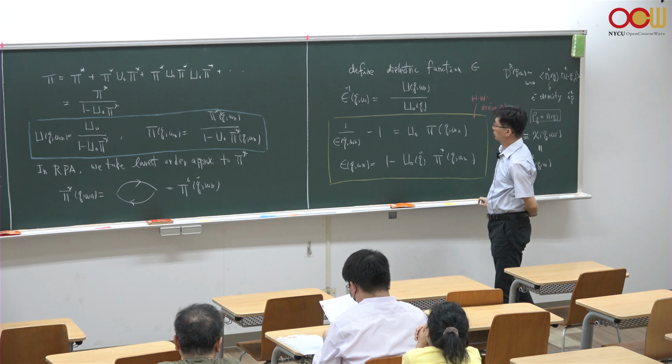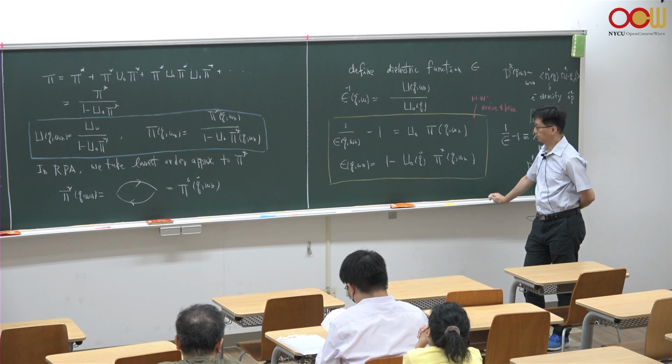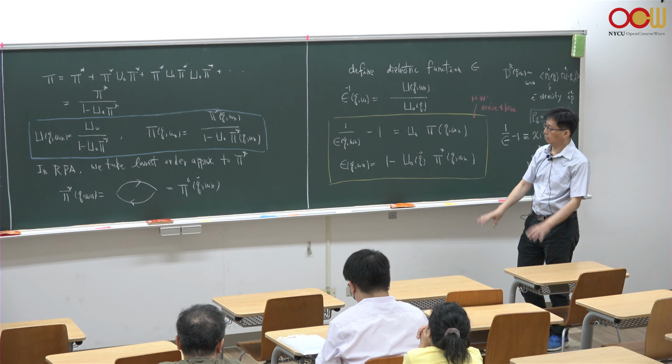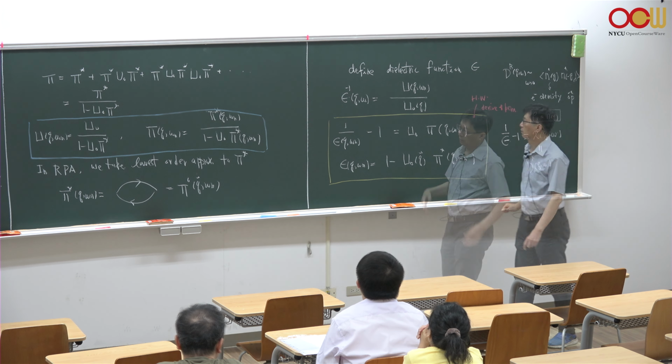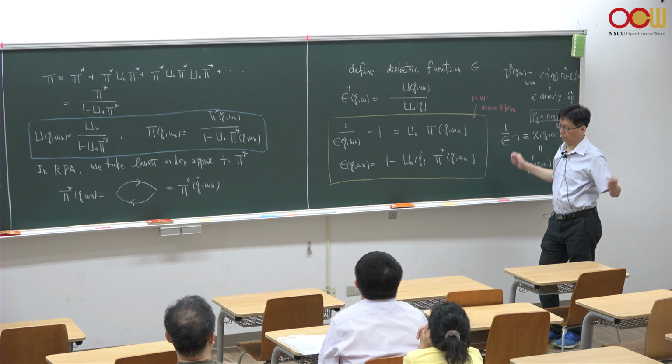When both Q and omega go to 0, this epsilon is precisely the dielectric constant we are familiar with. So in metals, because of this screening effect, or because of the vertex corrections, this epsilon plays the role of screening the long range Coulomb force.